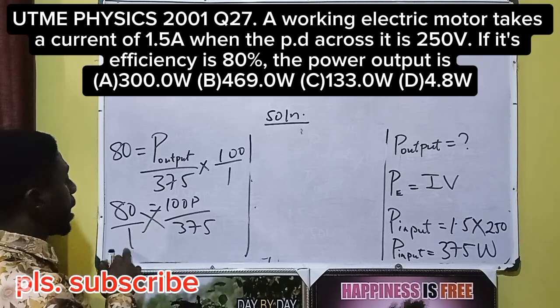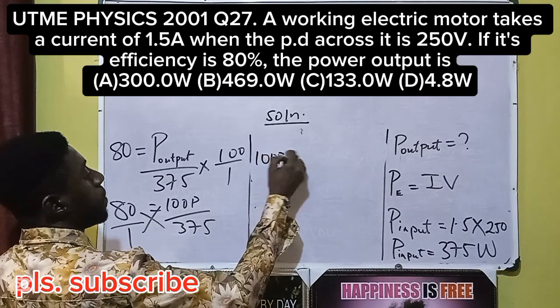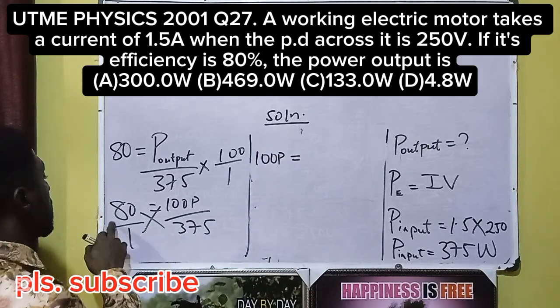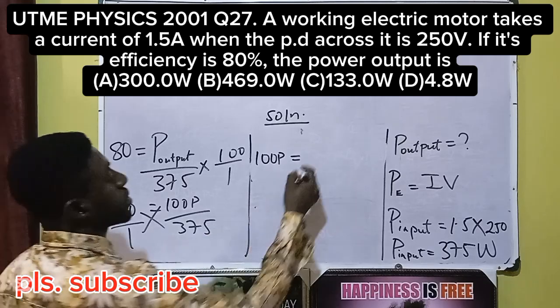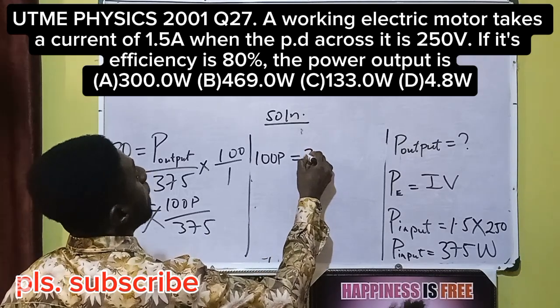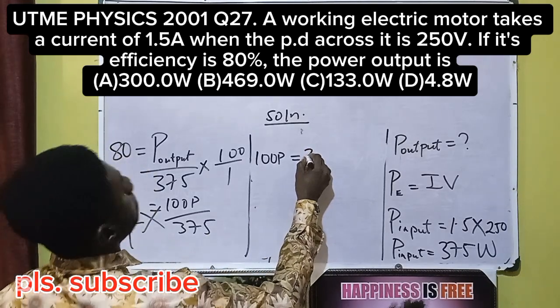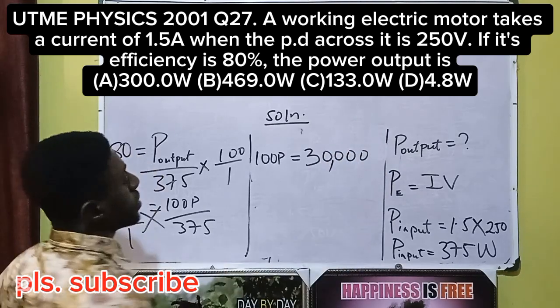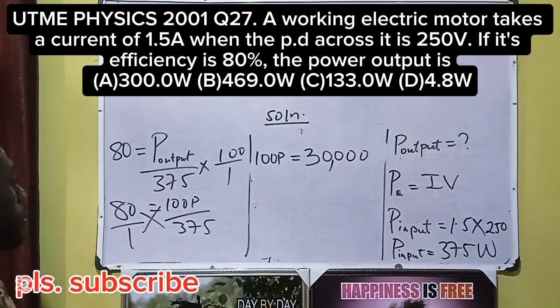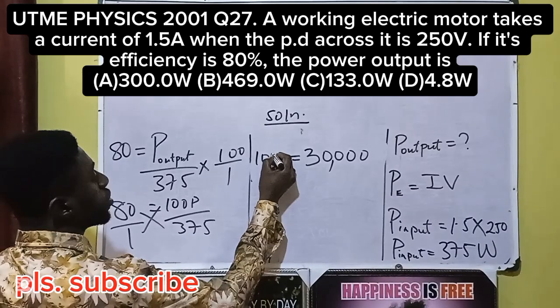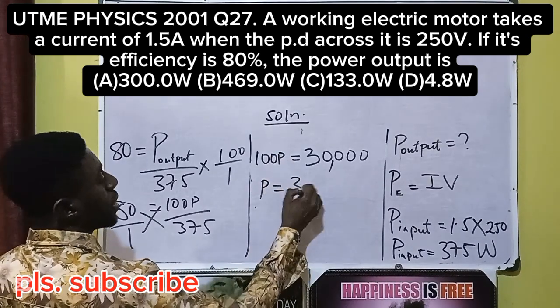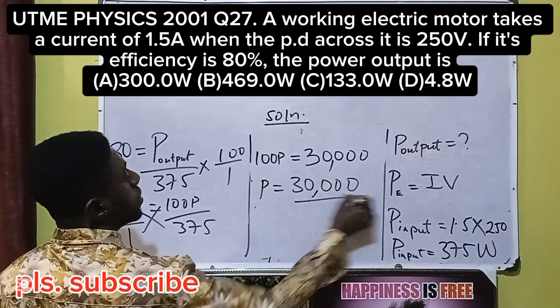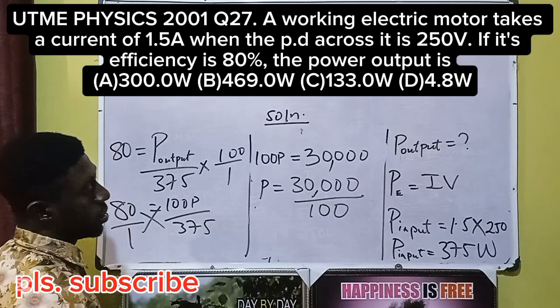Okay, so 100P times 1 is 100P, equals 80 times 375, giving us 30,000. Then making P the subject, P is equal to 30,000 divided by 100.